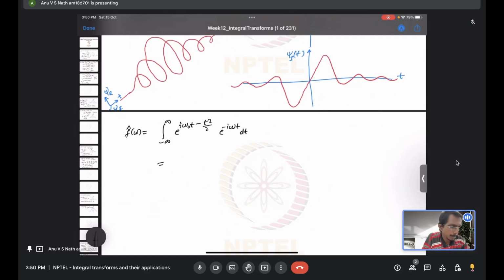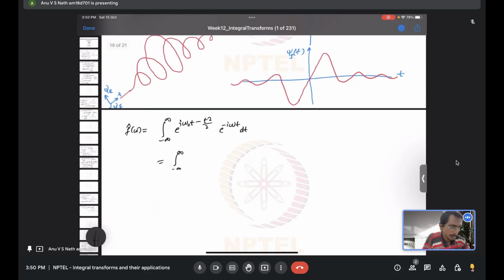Now we group every term in the exponentials, like i times omega 0 minus omega minus t square over 2 dt. So we can write it as the integral from minus infinity to plus infinity of e raised to minus half t square minus i times omega 0 minus omega times t dt.